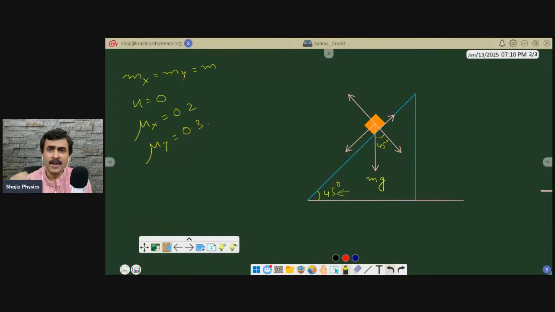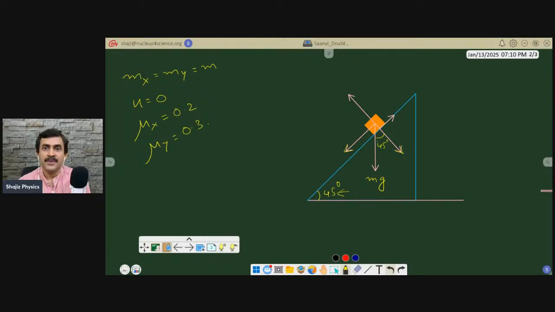Now, by the concept of resolution of a vector, mg, the weight of the box, is acting vertically downward. It is a vector quantity. It is a force, gravitational force. So that vector can be resolved along two directions. One is parallel to the slope surface, and the other one is perpendicular to the slope surface.